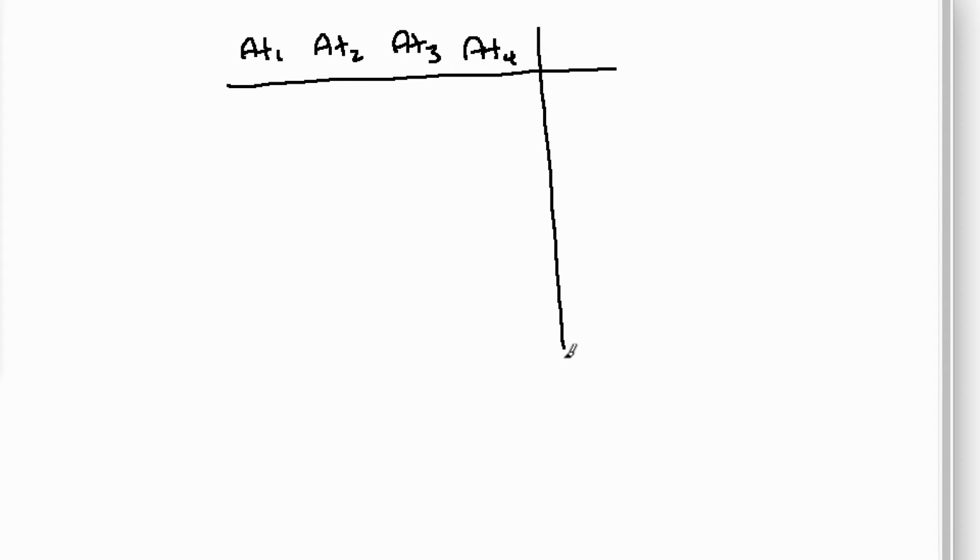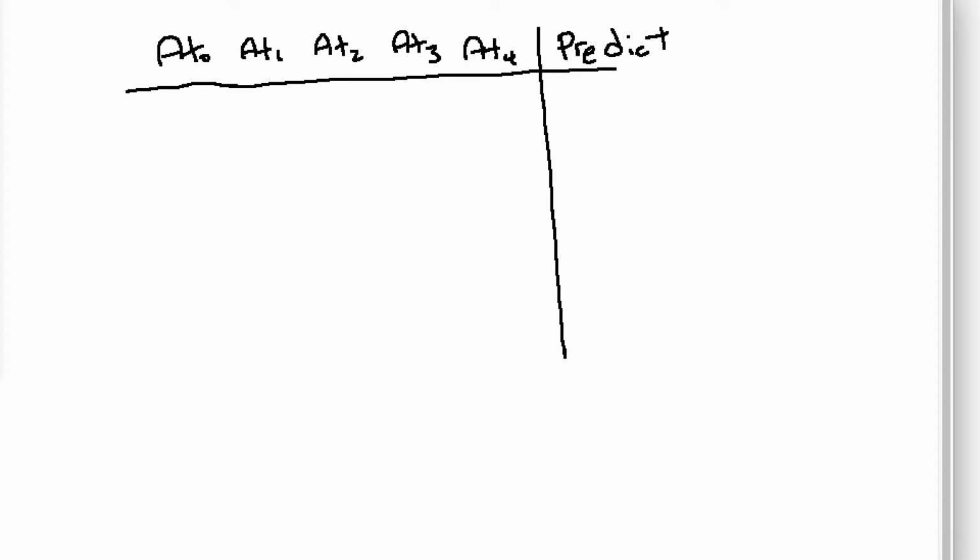So now what happens is instead of having, I'm going to call it attribute 1 and attribute 2, attribute 3, attribute 4, and here's prediction. We come over here and we would have attribute 0.